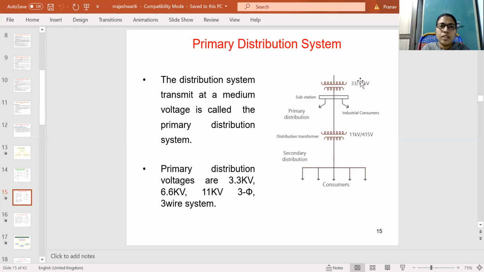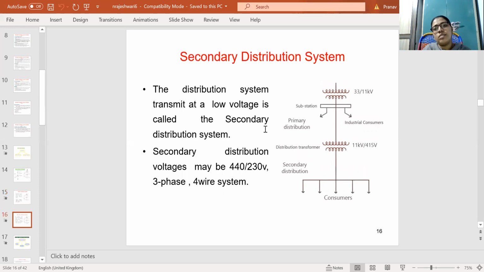This 33 kV is stepped down to 3.3, 6.6 or 11 kV. From the generating station also, we expect voltages like 3.3 kV, 6.6 kV or 11 kV. So at primary distribution systems, we are collecting voltages like the generating stations.